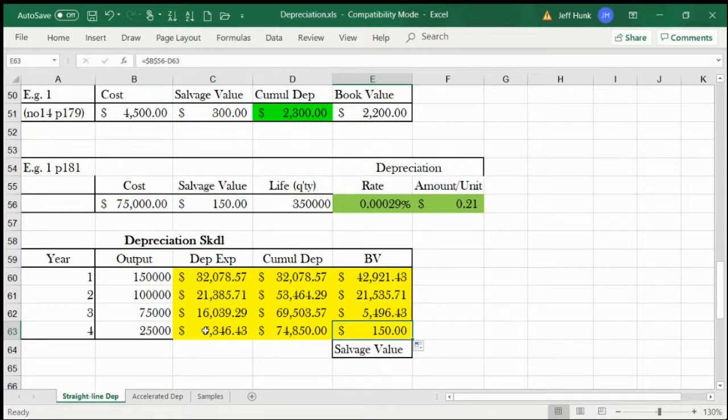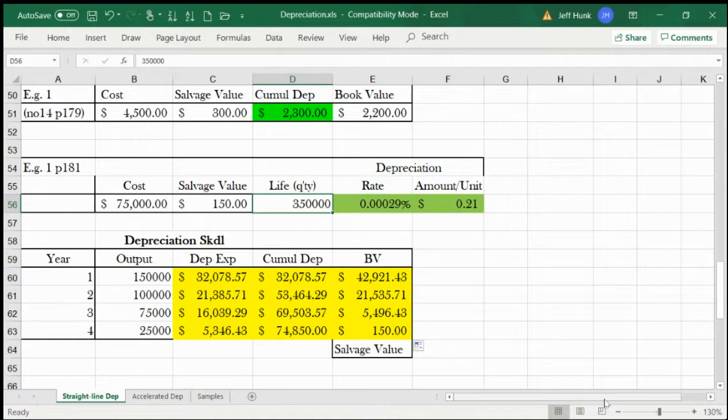Now, in our example, this was so artificially designed that the annual production level each year was so artificially constructed that it would nicely decline and add up to exactly 350,000 units. It looks as if four years is its service life.